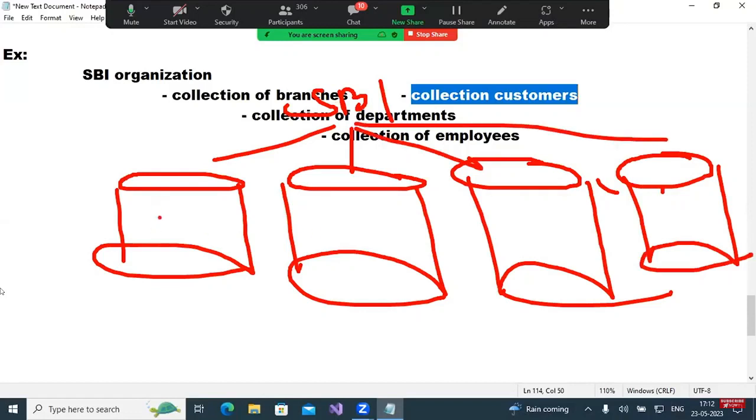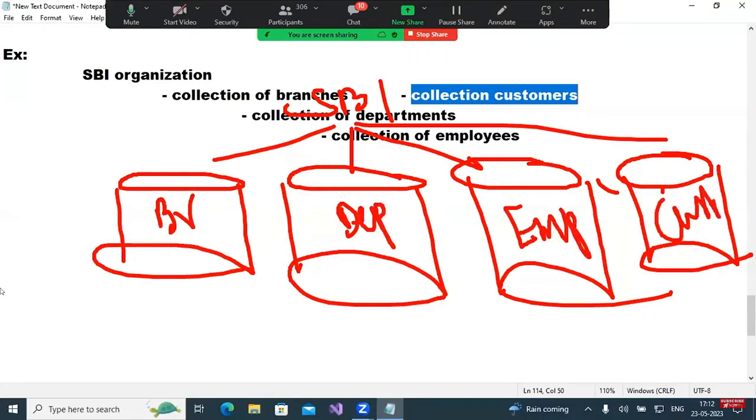SBI. In one database I keep branches data, in one database departments data, in one database employee data, and in one database customer data. Suppose I want to retrieve these people's data, what do I first have to change? The database location.